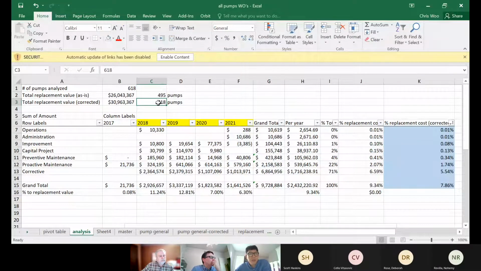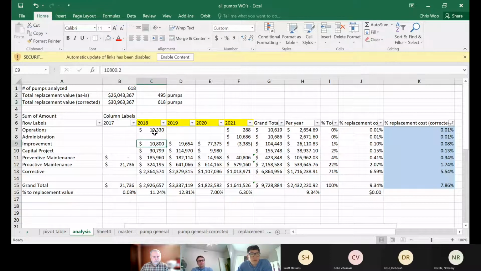So I did some analysis based on the average and median of the pumps out of this 495 database, and tried to estimate the value of the remaining pumps.